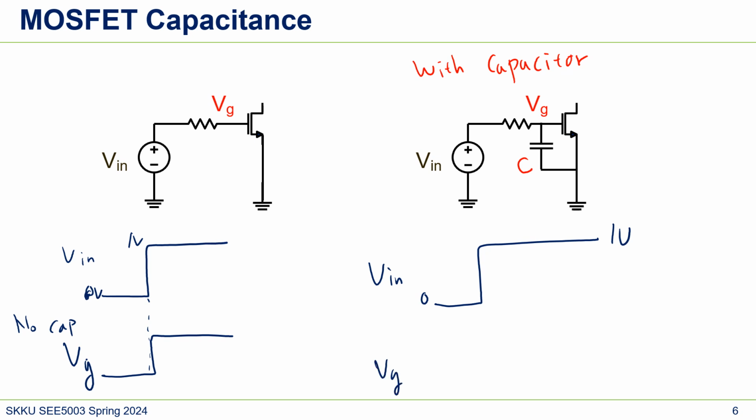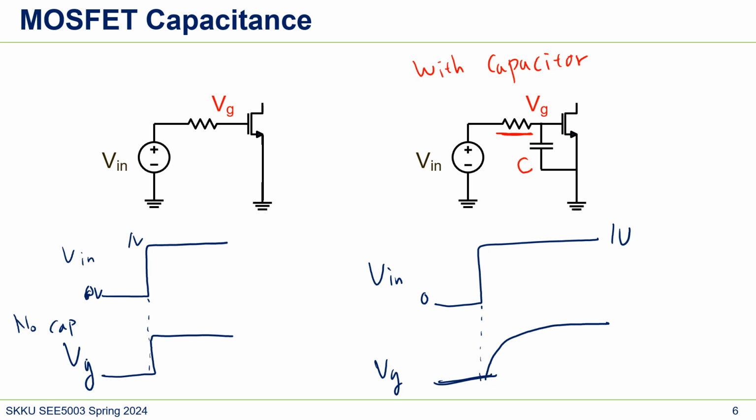Suddenly it shows some time constant here, because there is a resistor and a capacitance. So the voltage source cannot charge VG abruptly. It needs some time because it needs some charge to fill.